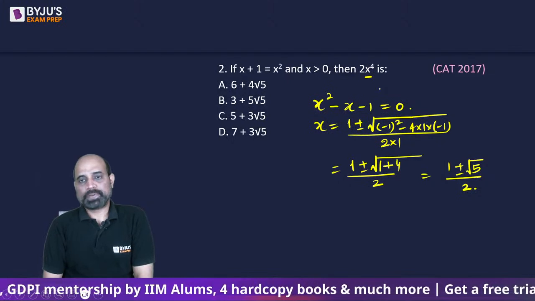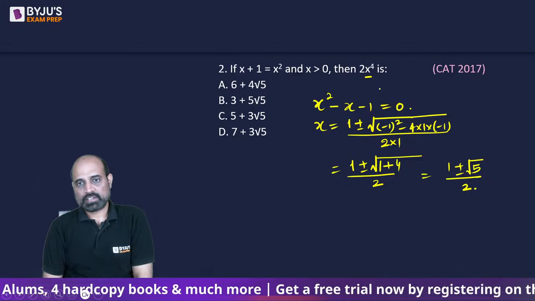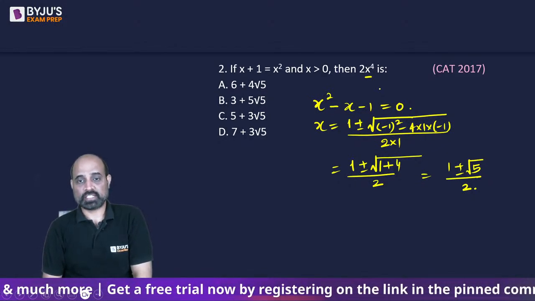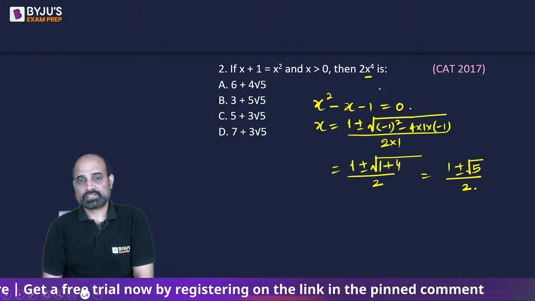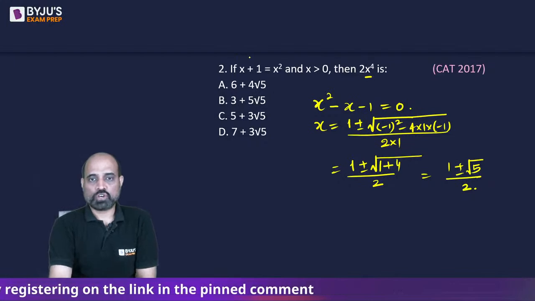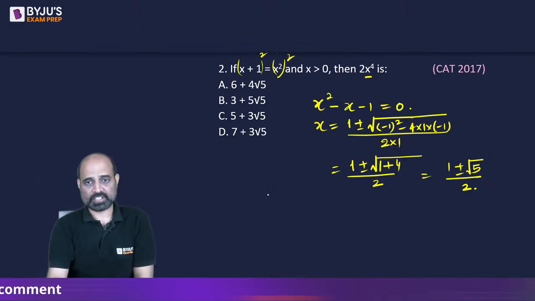So what can we do now? We can do x to the power 4 directly, or we can do something else, right? If I square both sides, I will get x to the power 4 from here, isn't it?